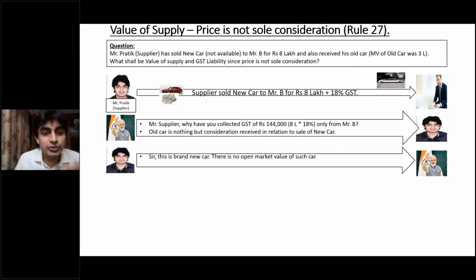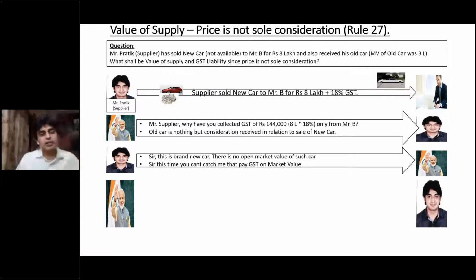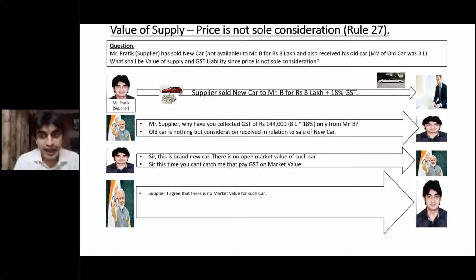This is a brand new car. There is no open market value of such car. So this time you can't ask me to pay GST on market value. So government again confused. See this, what government said to me.